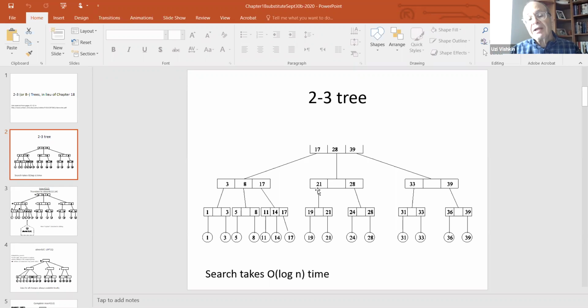So now, one thing that I actually wanted to run by you quite quickly, because it's not a very difficult argument, is can you argue why, if you have n leaves, the height of the tree is big O of log n? Can you say why?